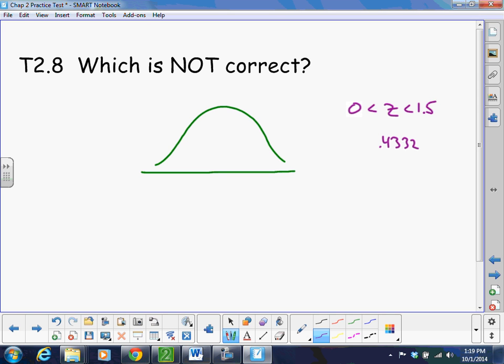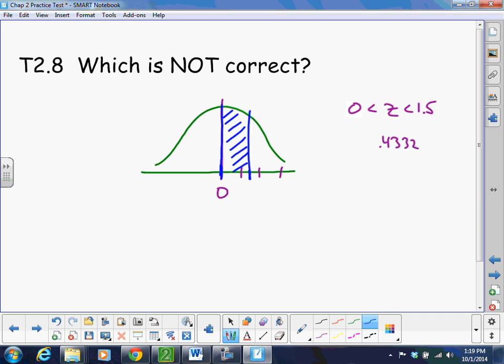Okay, so a z-score of 0 is right at the mean. There's 1, 2, 3 standard deviations. So from 0 to 1.5 standard deviations, they're asking you, is that area 43.32% of the whole thing?